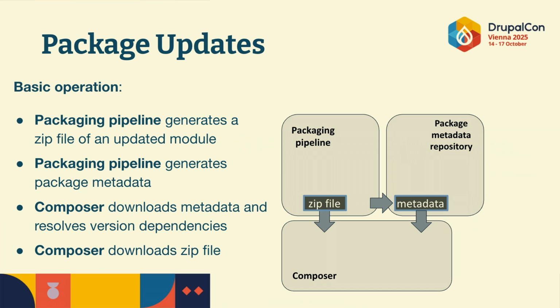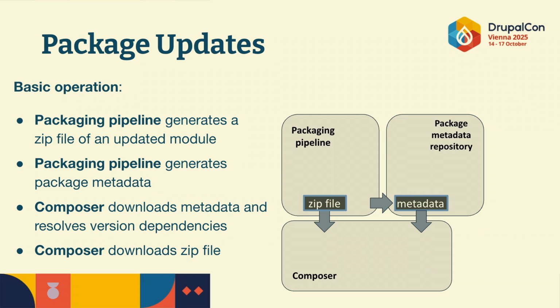So let's take a look at how this works. Without any extra security, package updates work roughly like this. When a module maintainer or a theme maintainer puts a new tag down in their Git repo and creates a release node on Drupal.org, that triggers the packaging pipeline, which is like a CI process essentially.